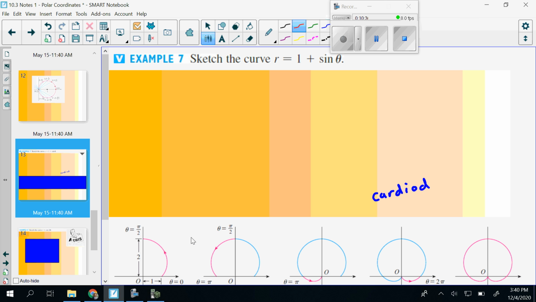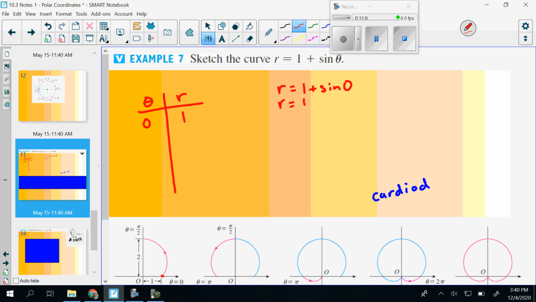So where does this one start? Well, if you plug in 0, sine of 0 is 0, so the r would just be 1. So the starting point on this one, if we were to make a table here, theta would be first. Theta is our input value, r is our output. So at 0, r would be equal to 1.